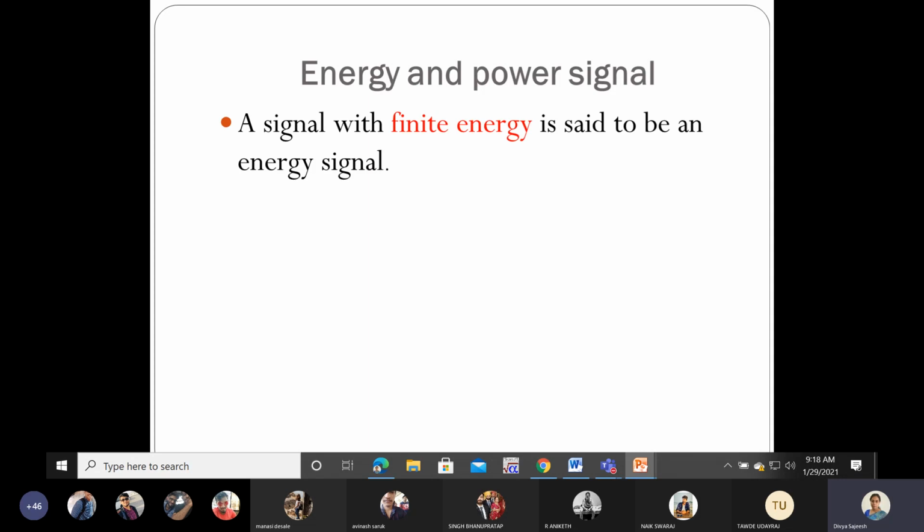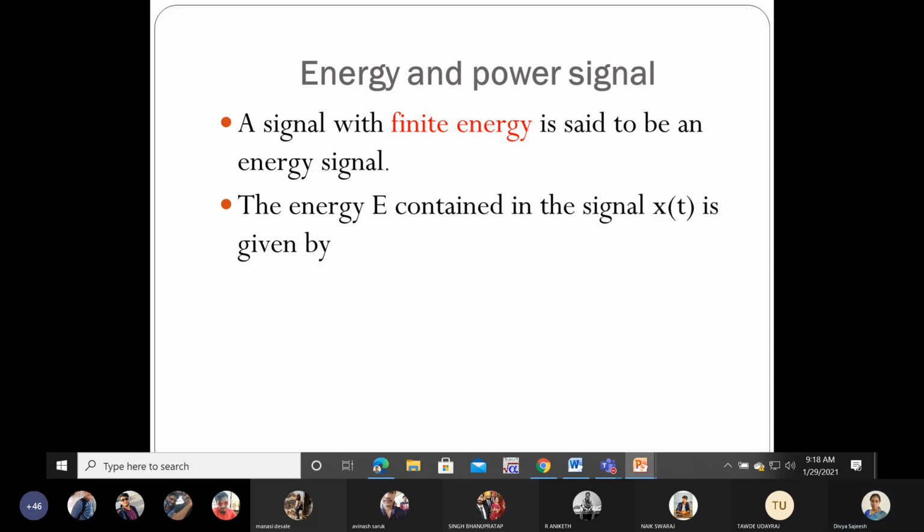How can I define an energy signal? If the signal contains a finite energy, then I can call it an energy signal. So how do we identify the energy in the signal?